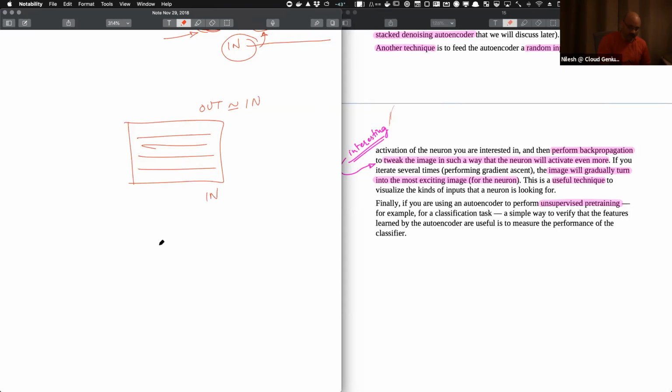What I want to do is feed in some random picture, and I want to be able to run a separate algorithm that will help me identify when a neuron in a given hidden layer gets excited. So the excitement level I will measure.